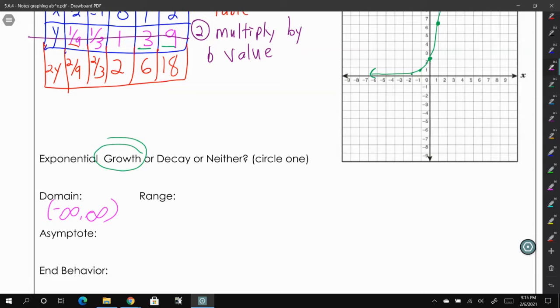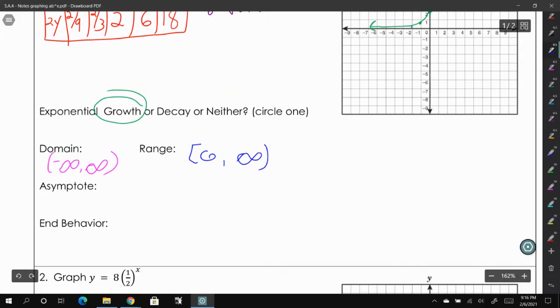Our y values will never equal 0. So remember the other day when we were talking about the Alice in Wonderland problem, and she kept shrinking, her height kept going down by half, she would never be 0 inches. She would get closer and closer to 0, but never actually be 0 inches. So the range is going to be 0, infinity.